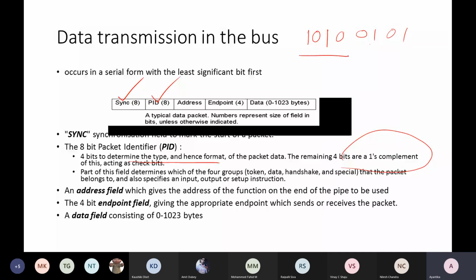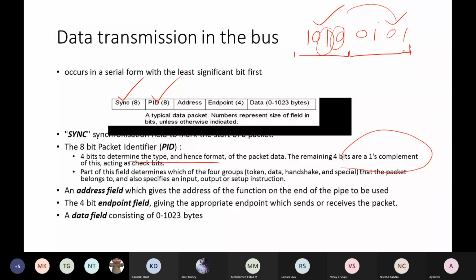If in the receiver side there is a mismatch, if any bits are flipped due to some communication error but the complement bits in the next 4 bits are not changed, then the receiver can understand that there is a possible error. So this is the error checking method used in USB communication.